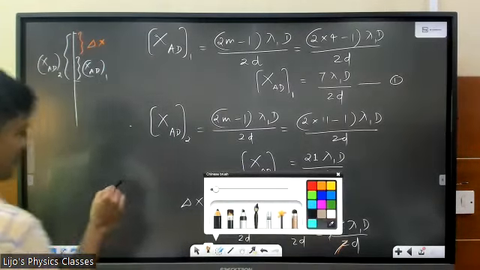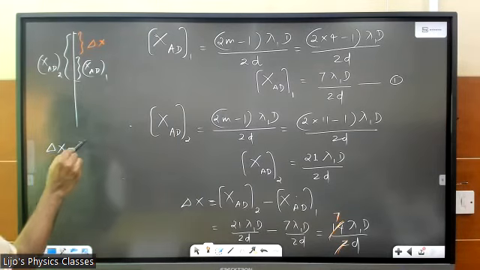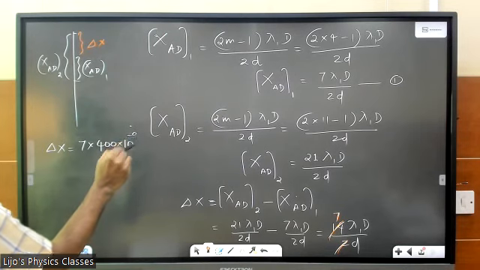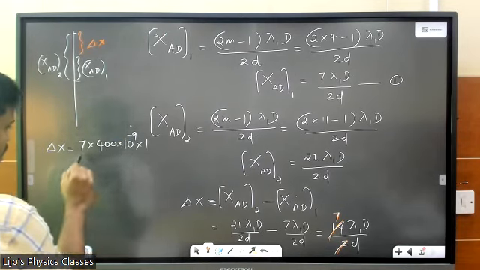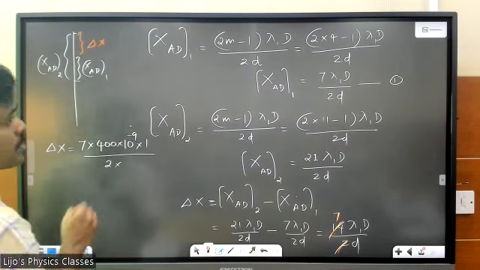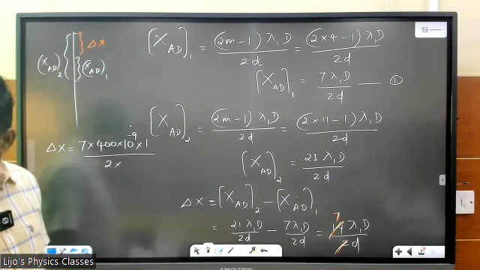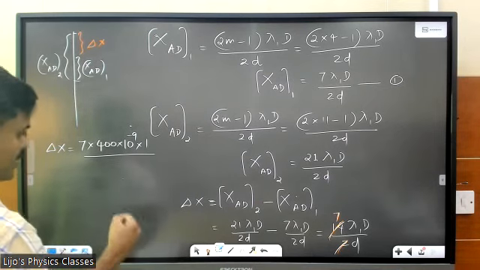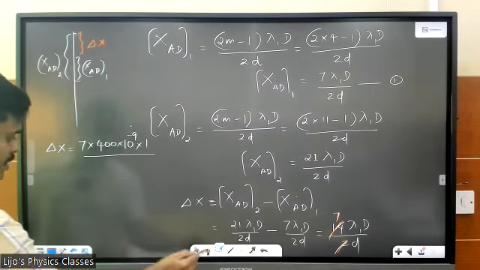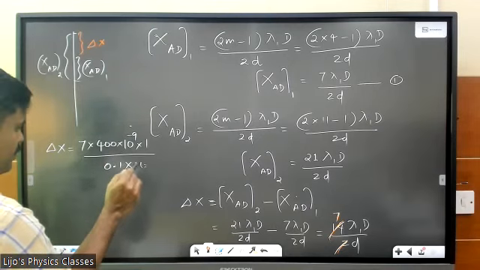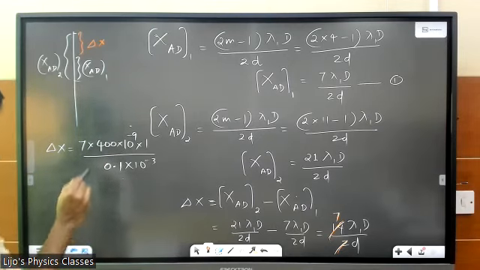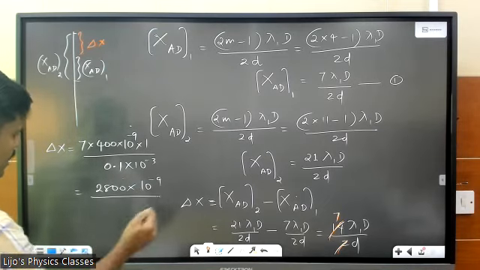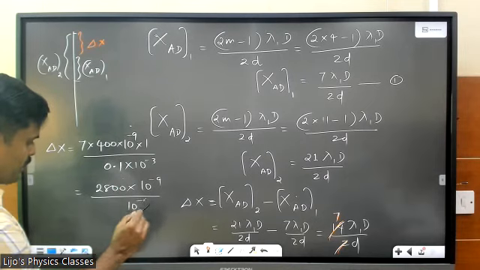I'm trying the calculation now. Delta x is what? 7. Lambda 1 is how much? 400, right? Into 10 power minus 9. Capital D is 1 meter, right? Divided by 2 into small d is given. Oh, okay, fine, sorry. 7 lambda D by d. Small d is 0.1 millimeter, right? 0.1 into 10 power minus 3. So that is 2800 into 10 power minus 9 by 10 power minus 4.